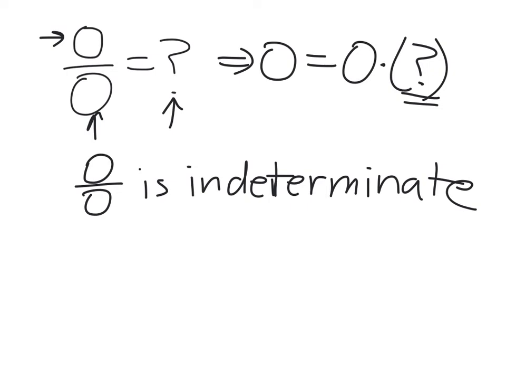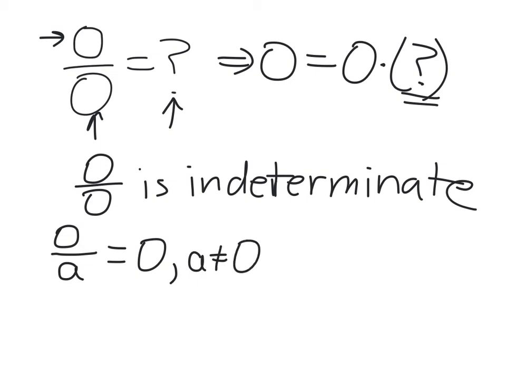But theoretically, we need to define division involving 0. We could say 0 divided by some number equals 0 as long as that denominator does not equal 0.